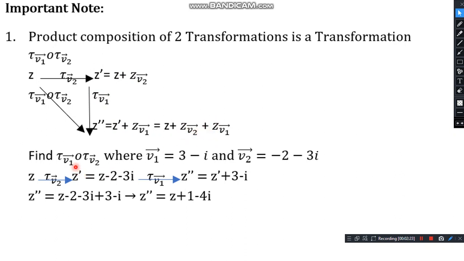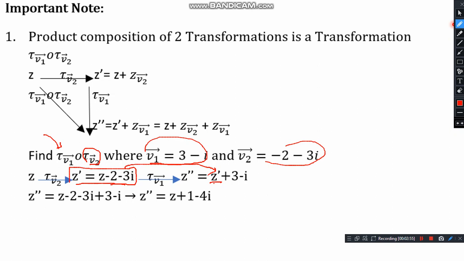Let us take an example. We want to find T V1 rho T V2 given V1 and V2. First of all, we have Z and we go by T V2. You get Z prime equals Z plus V2. That's it, Z prime. Now we go to T V1, translation of vector V1, so it's Z prime plus V1, which is 3 minus I. But Z prime is this whole expression, so we replace it here.